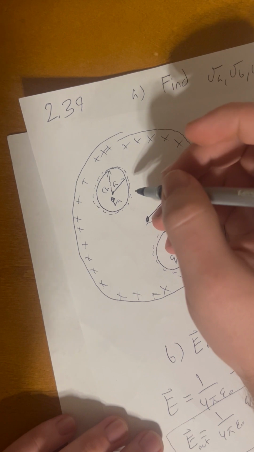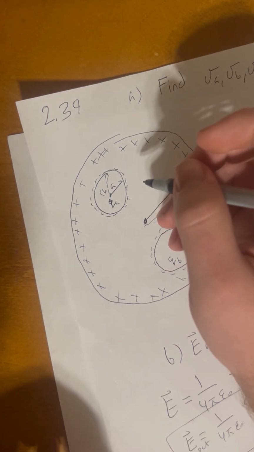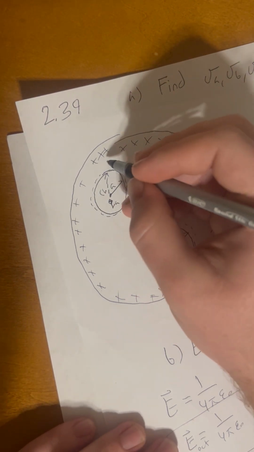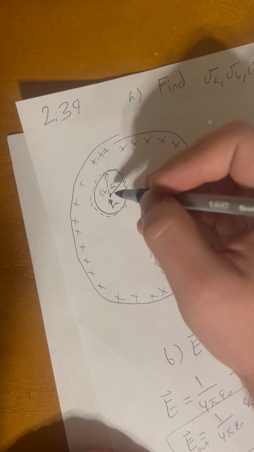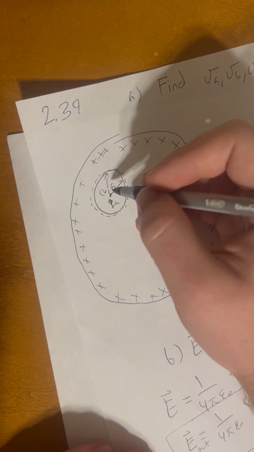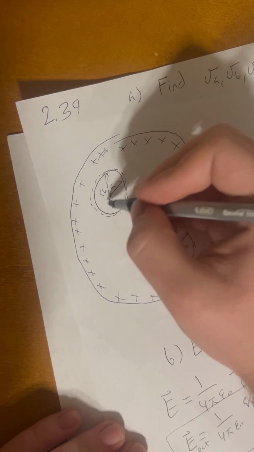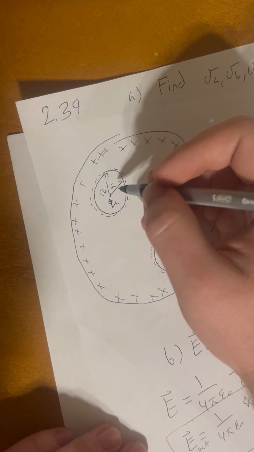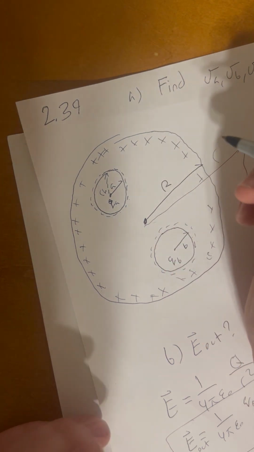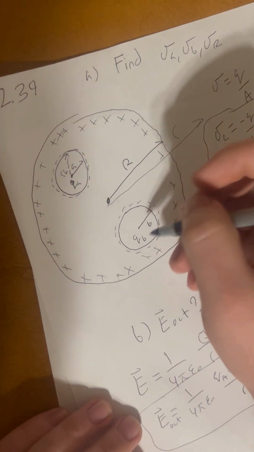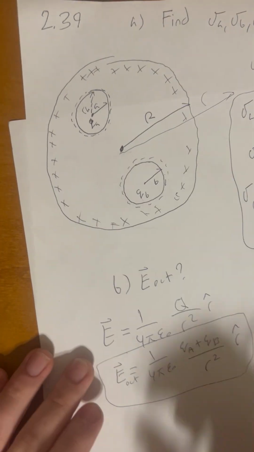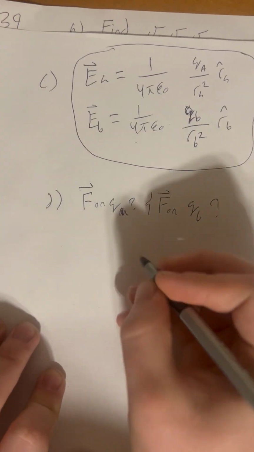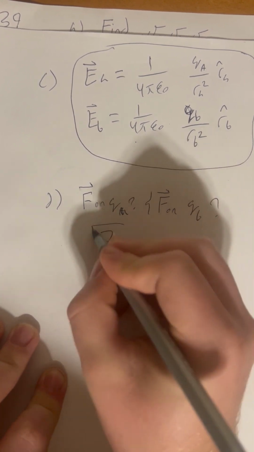However, the only charge within the enclosure is the point charge. The induced charge can't propagate into the cavity, meaning that the only electric field in here is due to the point charge, and the point charge cannot act on itself, meaning that there's no force on it. The same holds true for point charge B. So that allows us to say that the force on both is 0.